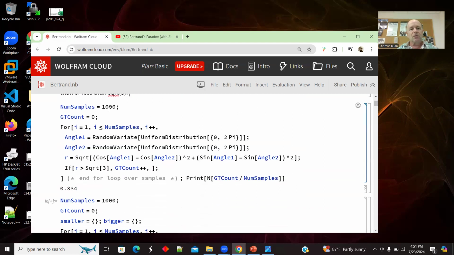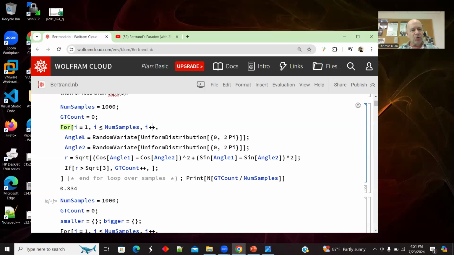Here's my little simulation. I'm going to have 1,000 samples. This is going to be my count of times when I am greater. So here's my Mathematica For loop. For is a method with 4 arguments: the initialization, the condition to stay in, the incrementation, and then what I want to do inside.